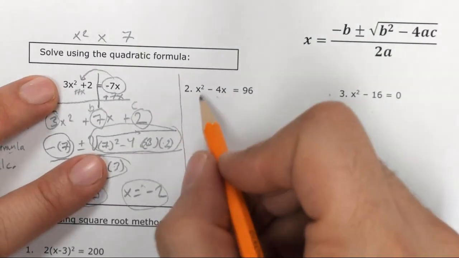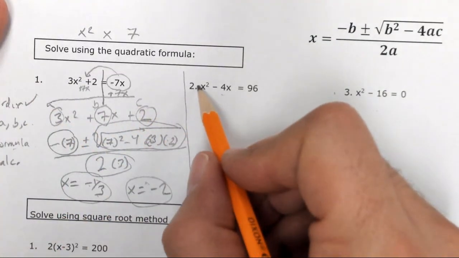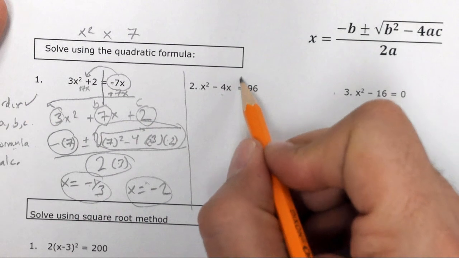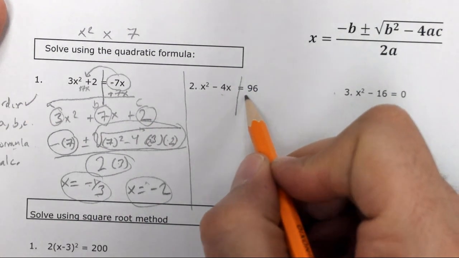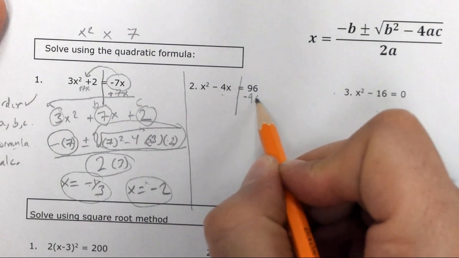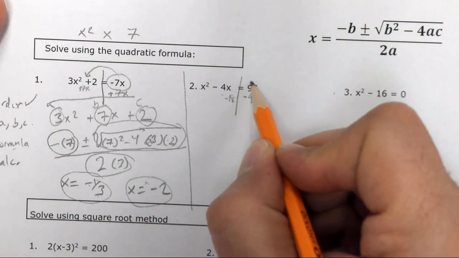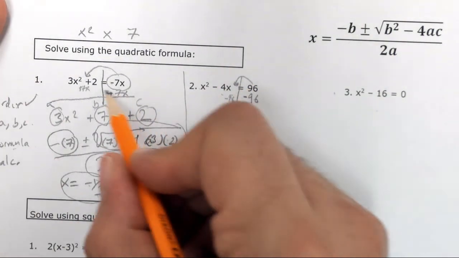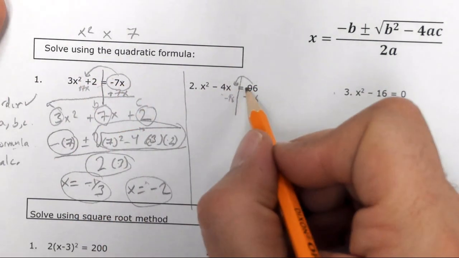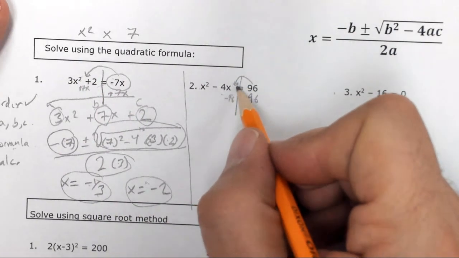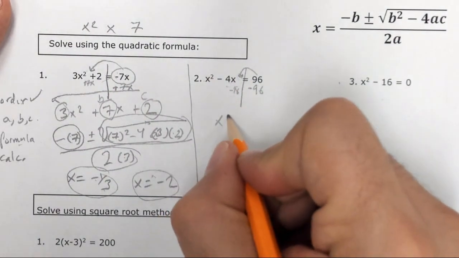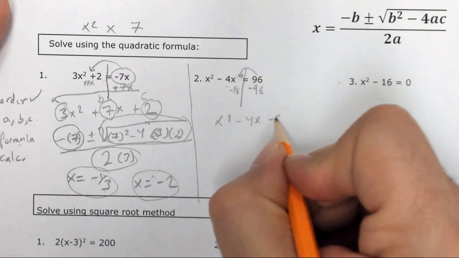Number 2, again, step 1, put them in order. X squared, x, then the number, but the number is in the wrong spot. Opposite side, opposite sign. We're going to take it and put it right here. This is where it belongs. Last time we put this in the middle because that's an x. This one we put in the end because it's a number. So we're going to end up with x squared minus 4x minus 96.